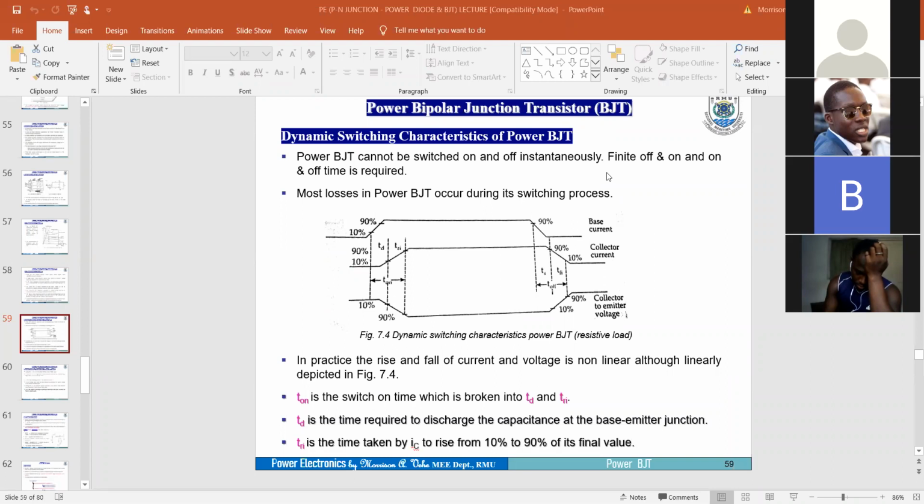TD is the time required to discharge the capacitance at the base-emitter junction. If you take a transistor, of course NPN, it simply means that you have a junction between the N and the P, and another junction between the P and the N. So if I should take, maybe I want to draw something like this, a simple one, of course.